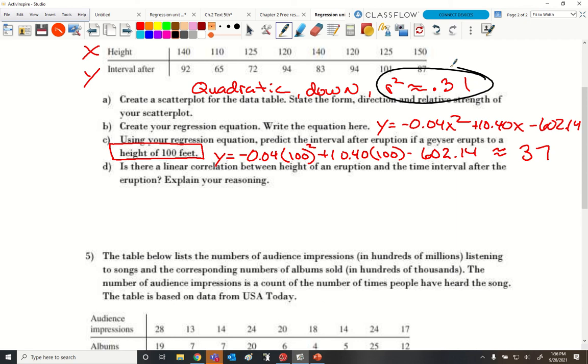But I digress. It's not a good score. So is there correlation? You would say no, because R squared is 31, and that's not a strong value. It's not a passing score.